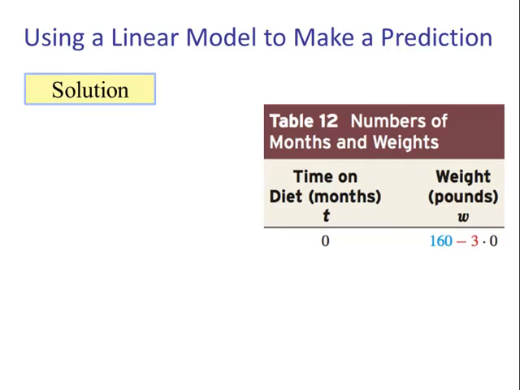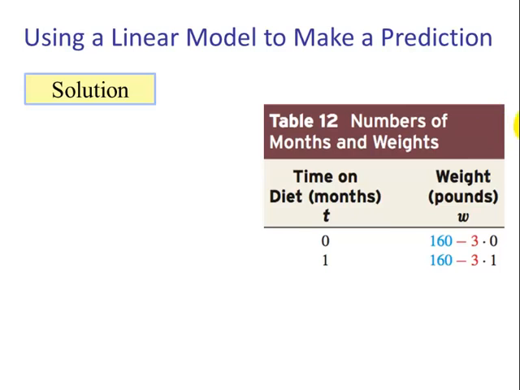So solution, we're going to begin our table. 0 months on the diet, this is the starting point. We have 160 minus 3 times 0. The first month, when T is 1, we have 160, but we decrease by 3, which gives us 157. So in 1 month, she loses 3 pounds. She weighs 157.